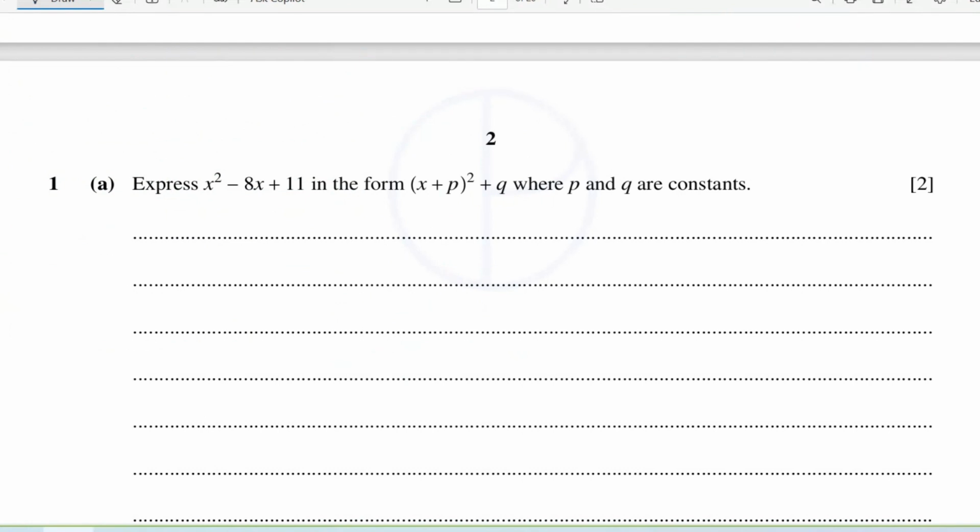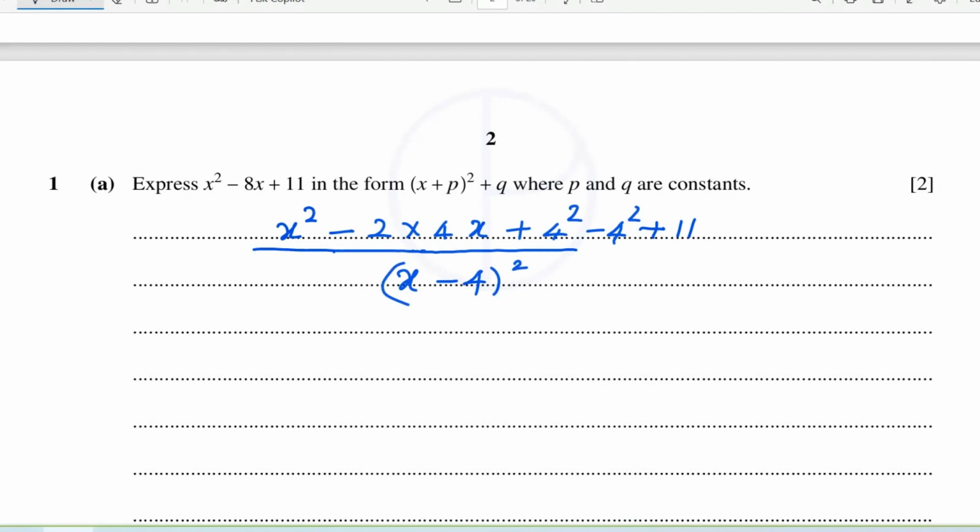So the given expression can be written as x square minus 2 multiplied by 4 multiplied by x plus, add 4 square and subtract 4 square plus 11. So x square minus 2 multiplied by 4 multiplied by x plus 4 square can be written as x minus 4 the whole square.